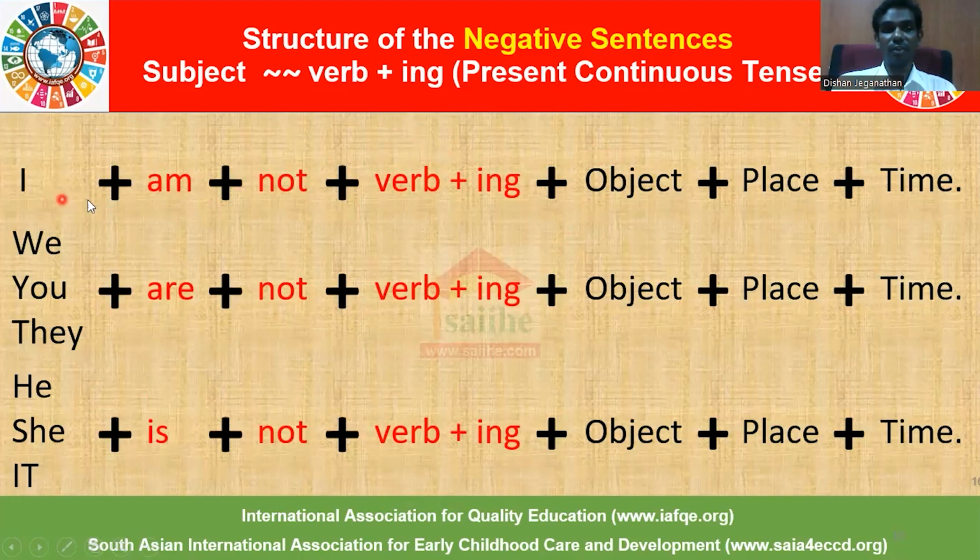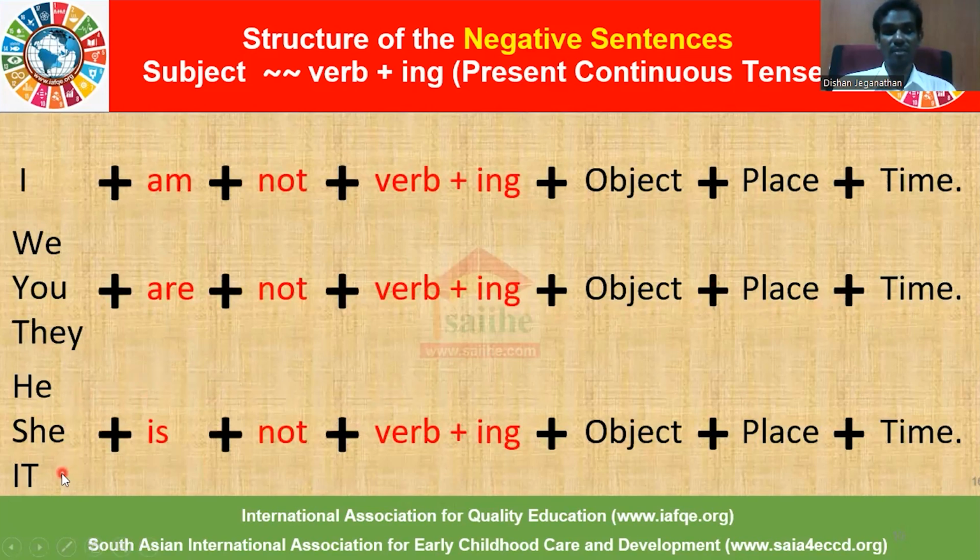For I, we use am plus not, followed by the verb plus ing, and the rest of the part of the sentence, which is object plus place and time. We, you, they, plus are, plus not, which could be contracted as aren't, plus verb plus ing, plus object, followed by place and time.